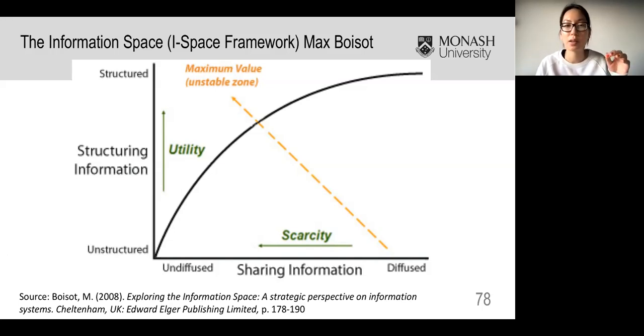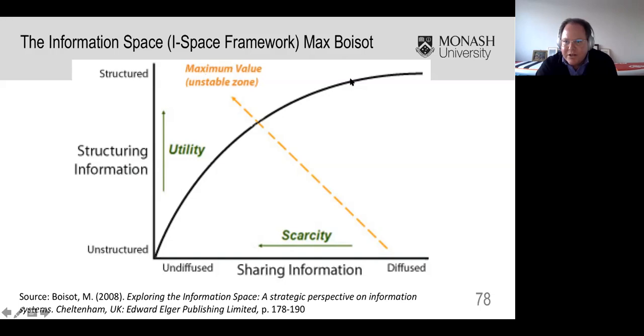That's why when you reach the maximum point of structure, if you have too much structure, then you can't really use the information the way that is applicable and useful to you. So there's a tipping point where the utility is super applicable to something very context specific, but it makes it less transferable. Yeah, very good.